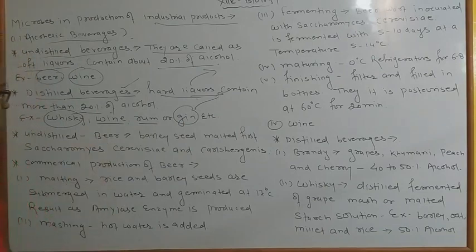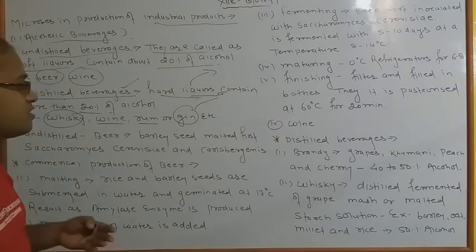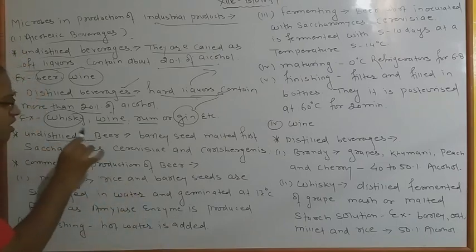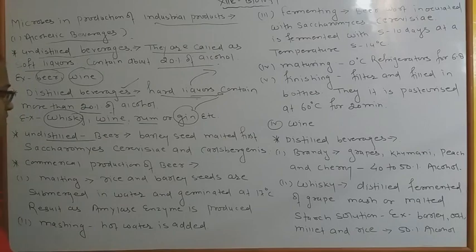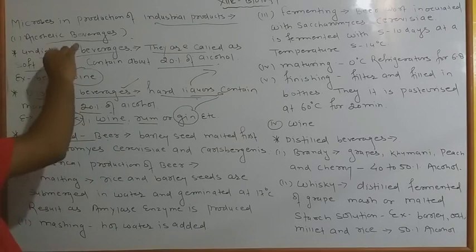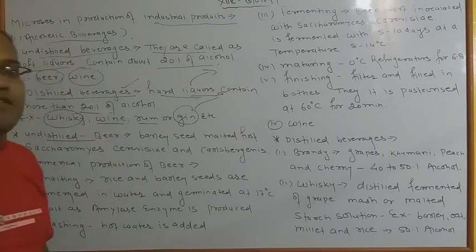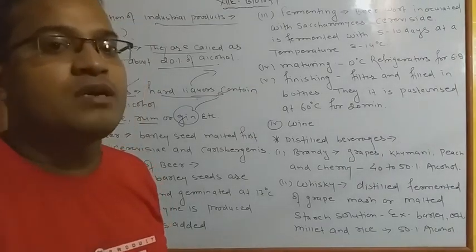So here we are going to discuss how different types of wines are prepared. We are studying only beer, which comes in the class of undistilled beverages. So we will take the first step of how beer can be produced.